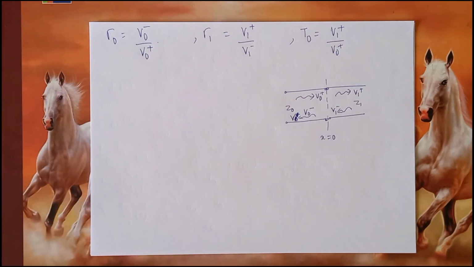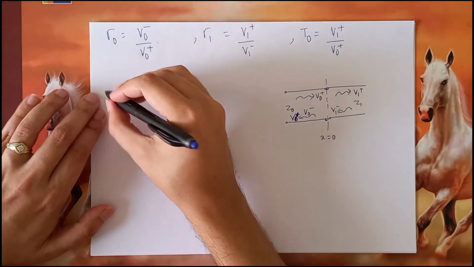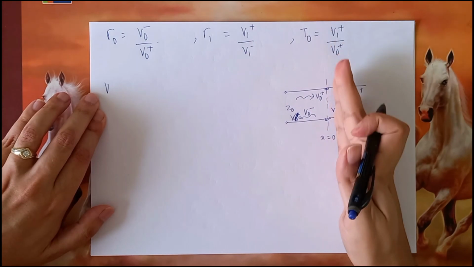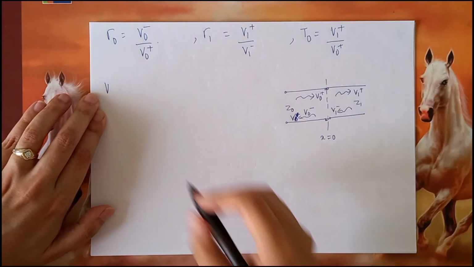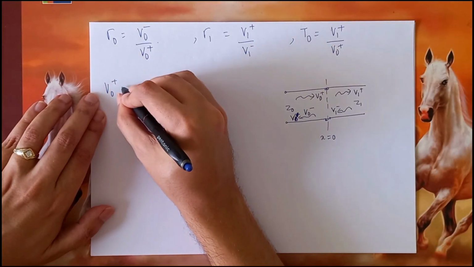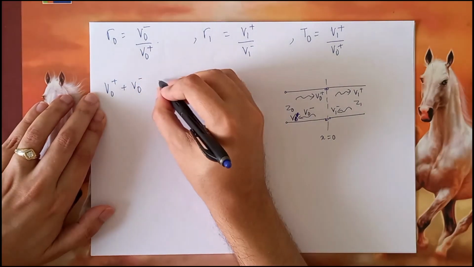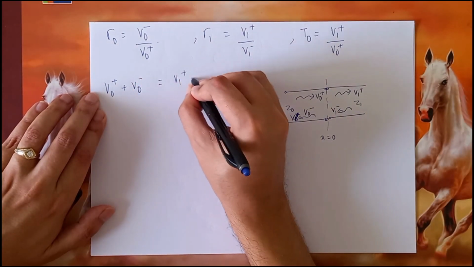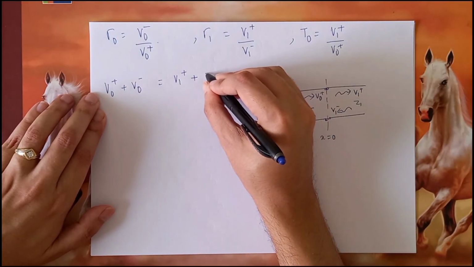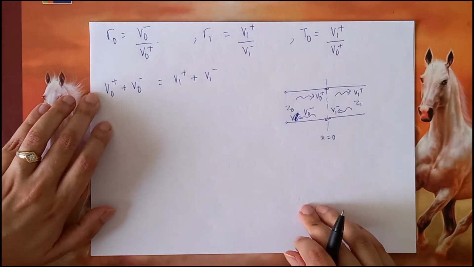So now, from the boundary condition, we know that at this point the voltages on either side should be the same. That we saw, that V0 plus V0 minus should be equal to V1 plus V1 minus.